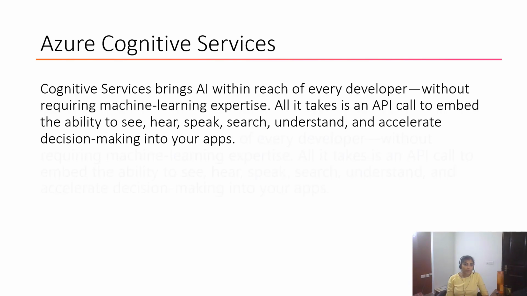So what is cognitive services? Cognitive services are the cognitive capabilities provided by Microsoft Azure. They take care of the hard part of the presentation of the data, training that data and implementing an algorithm on that, and on top of it, it is exposed via a REST-based API, right?